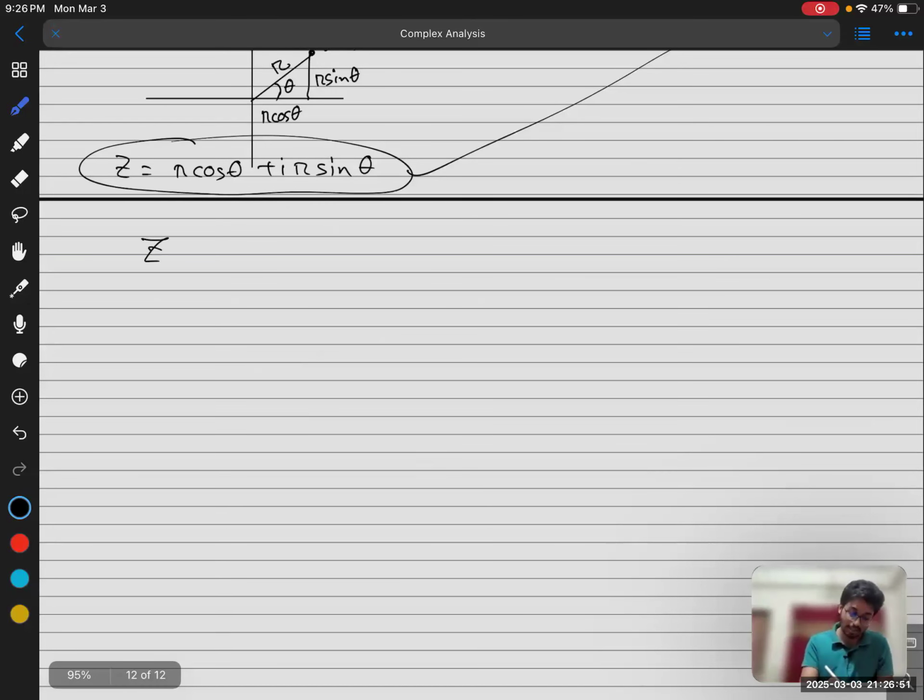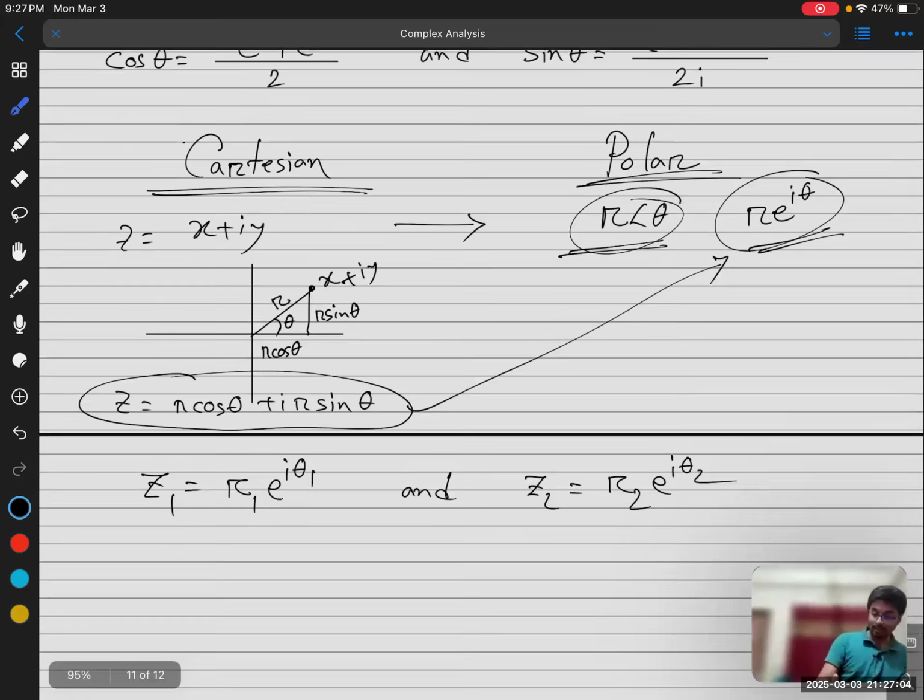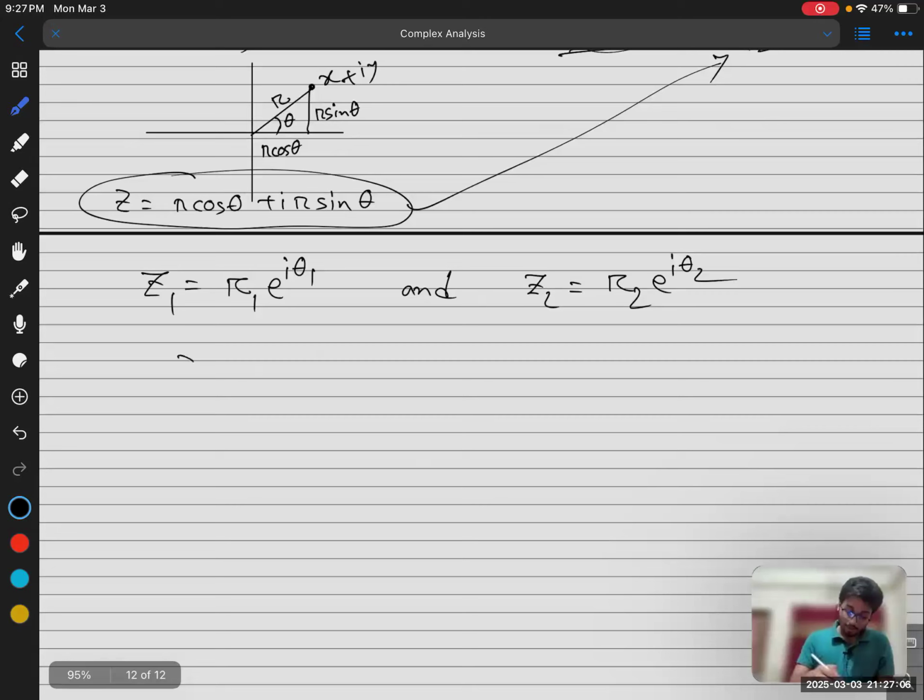Let's say z1 is equal to r1 e to the power i theta 1, and z2 is equal to r2 e to the power i theta 2. If we multiply these two numbers, we get r1 r2 e to the power i (theta 1 plus theta 2).